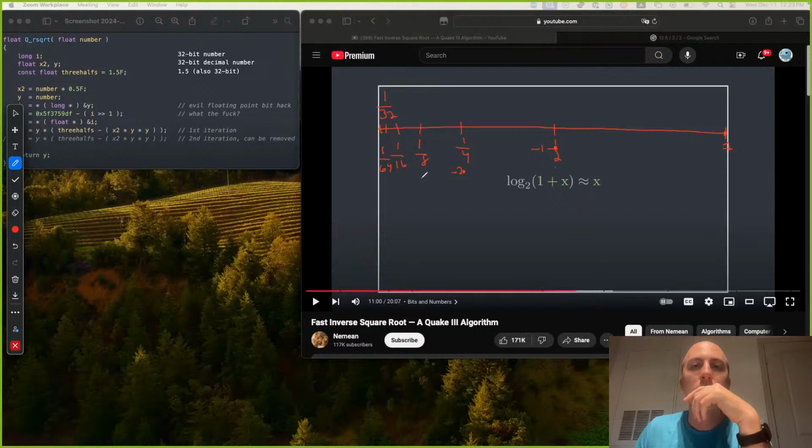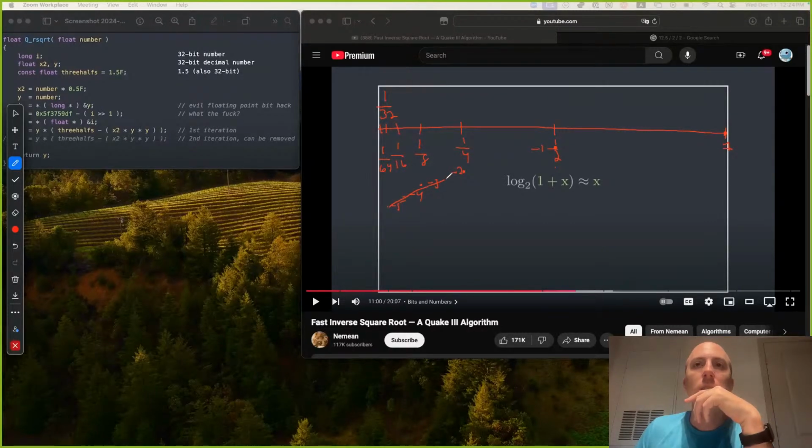Log base 2 of this is -3. Log base 2 of this is -4. Log base 2 of this, -5.